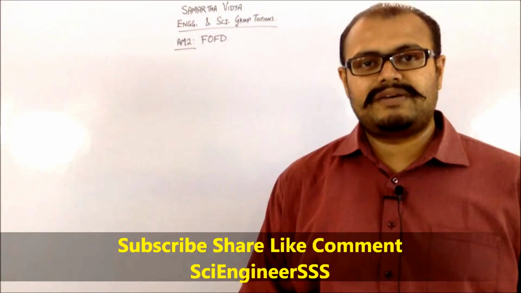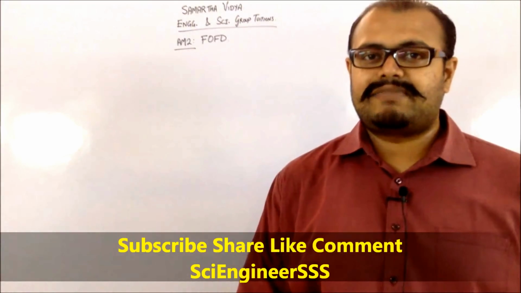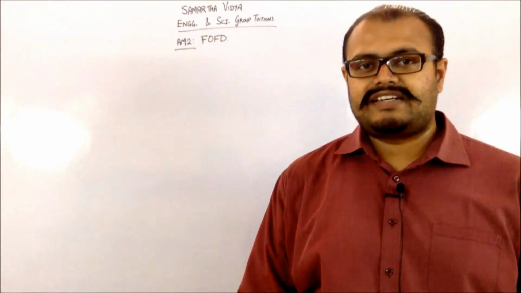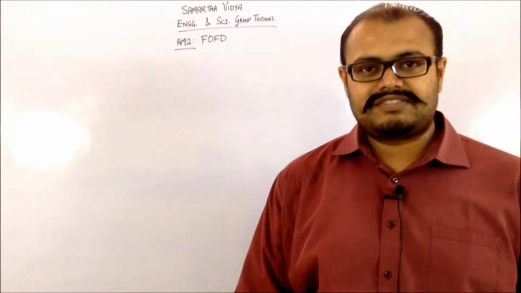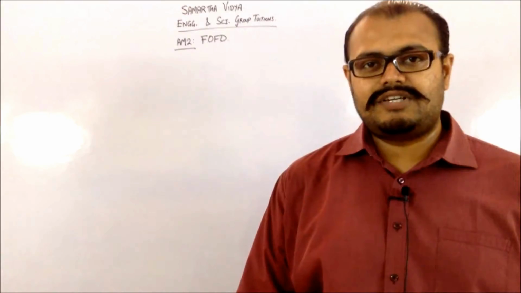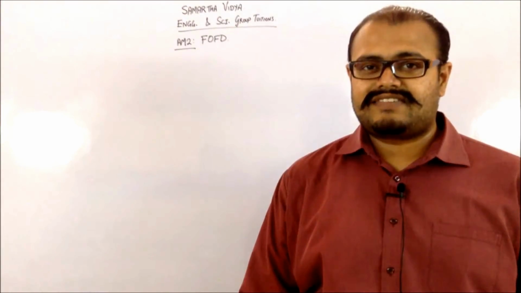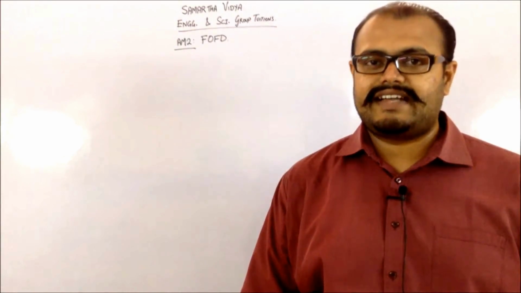That means it should have only a dy by dx term or a dx by dy term present in the equation. If that is satisfied, then the priority is given first to the exact differential equation. That is, you have to check whether dou M by dou y is equal to dou N by dou x. If that is satisfied, then you can solve the equation as an exact differential equation.